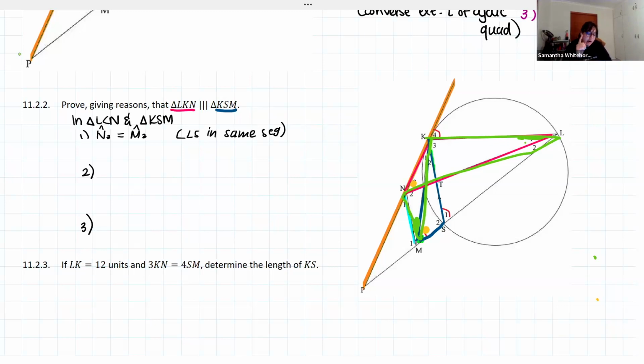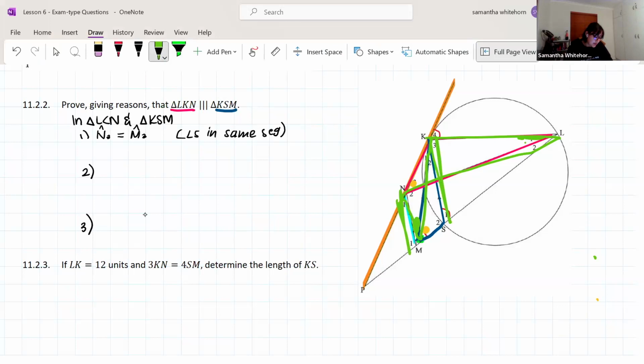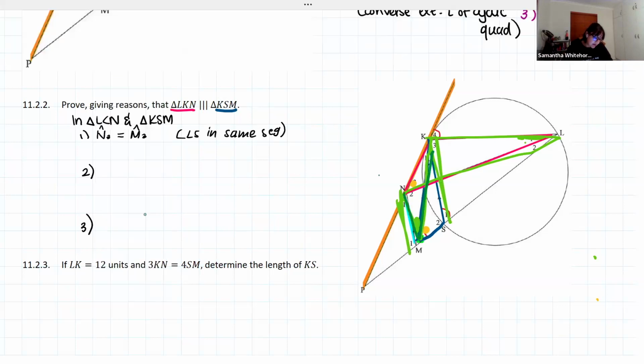But because of those parallel lines, remember NM is parallel to KS, I have got alternate angles. So this angle M2 is actually an alternate angle to angle K2. I know there's a lot of scribbles going on. By the fact that both of them are equal, we can say that K2 is equal to angle L1.